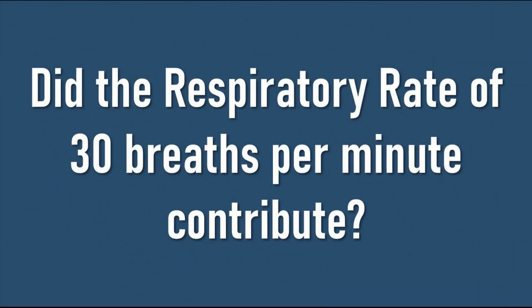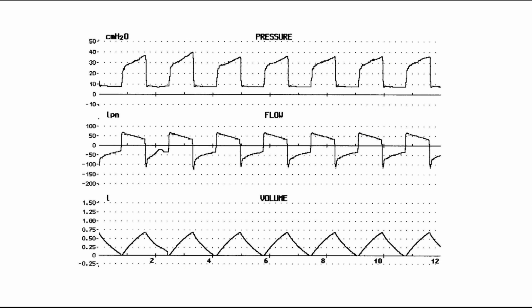Now, did the respiratory rate of 30 breaths per minute contribute? And this is an old picture of mine. What you see here is a patient on volume control ventilation. This is obviously volume cycled, so you can recognize that shark's fin picture. If you look carefully at the flow waveform, you'll notice that the expiratory limb of the flow waveform looks all wrong.